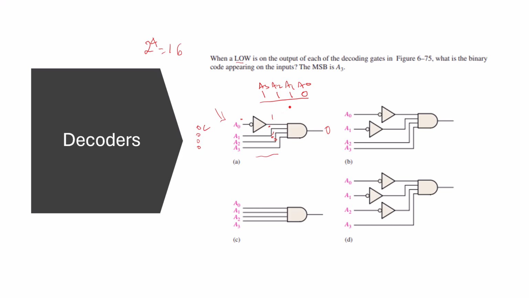So anything will do. The only situation where the output will be high is this guy. Let's see how that works. When this one is 0, it's going to be 1, and here's 1, all of them 1, then the result will be 1.